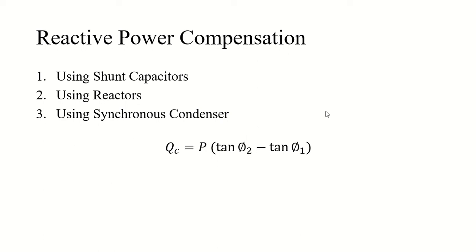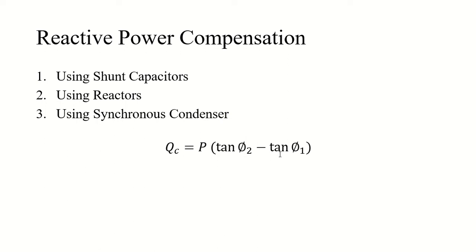Now the reactive power formula for these devices, the reactive power which will be derived from these devices, will be as per this one: QC is equal to P (tan phi 2 minus tan phi 1). Here P is our active power, QC is the compensated reactive power, and phi 2 and phi 1 are angles: phi 2 is the power factor angle with compensation.